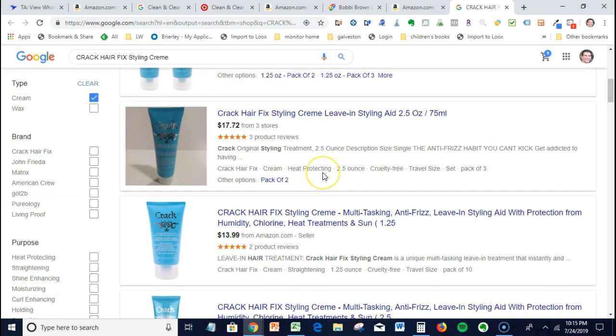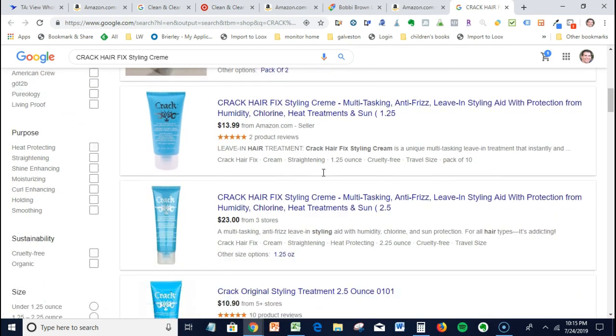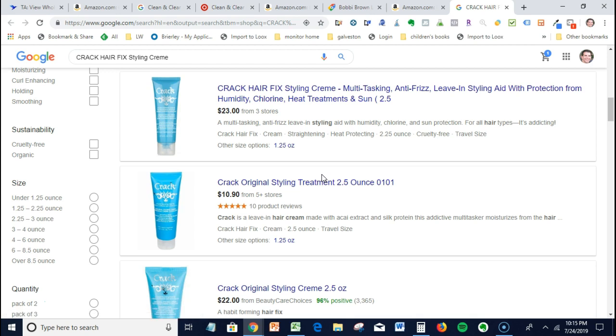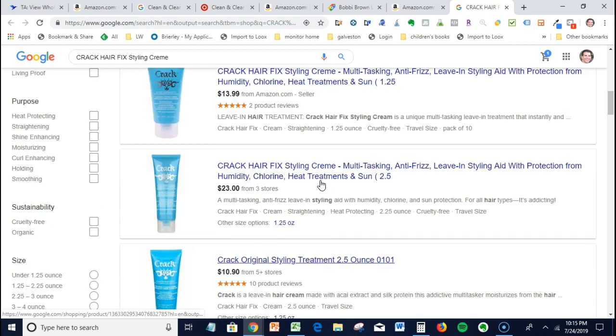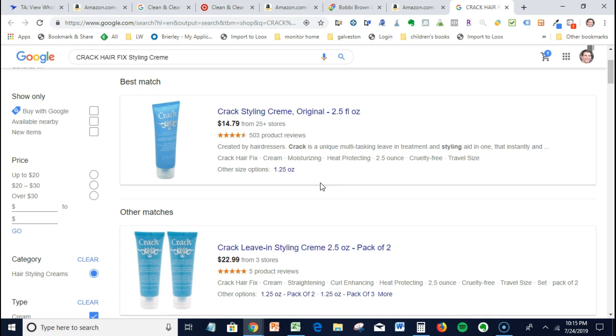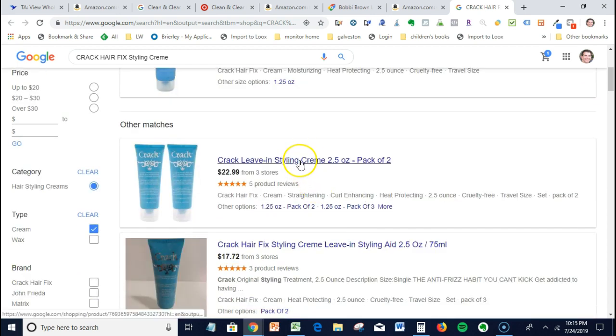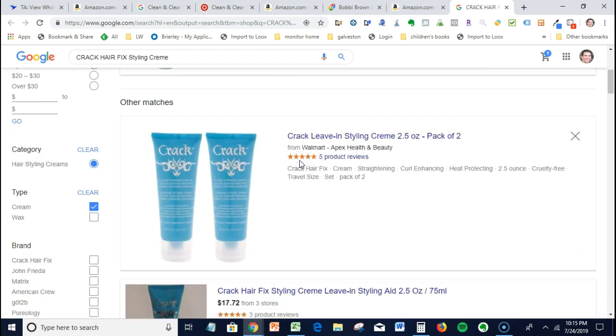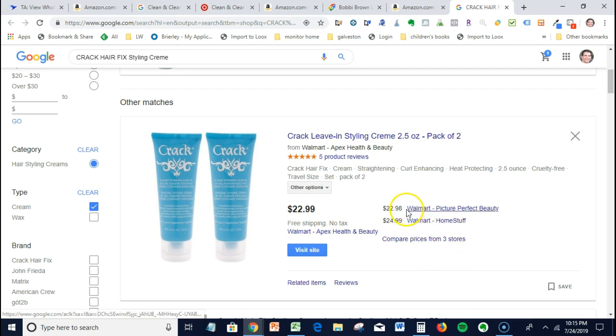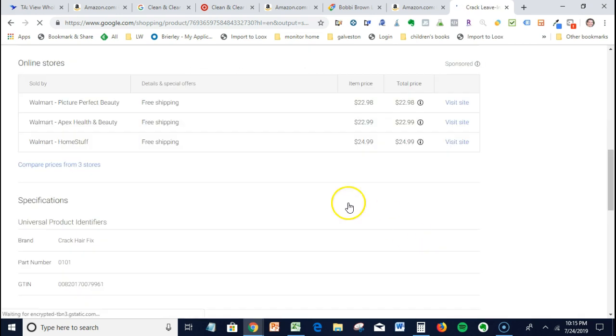Let's just see here. Because this is a pack of 2, this looks like a pretty good deal. So let's see where they're getting this. This is compared from 3 stores, and these are different sellers on Walmart. I think this is where you found it, Randy.